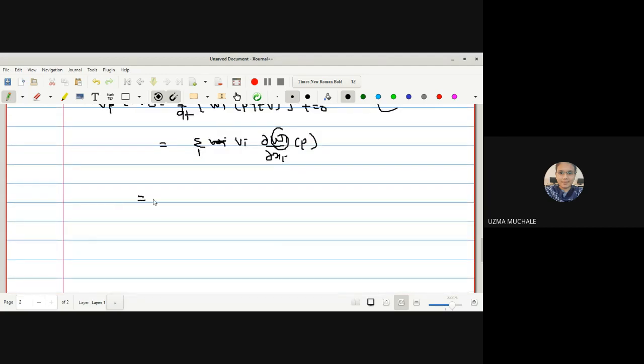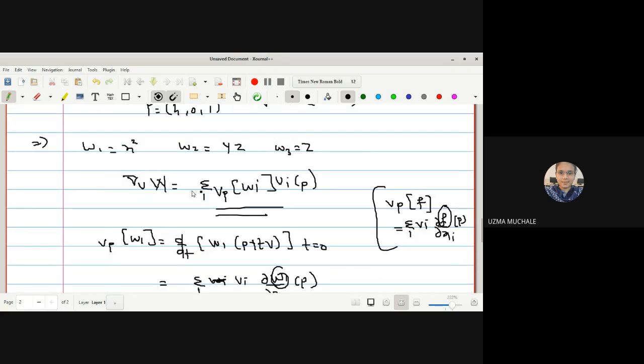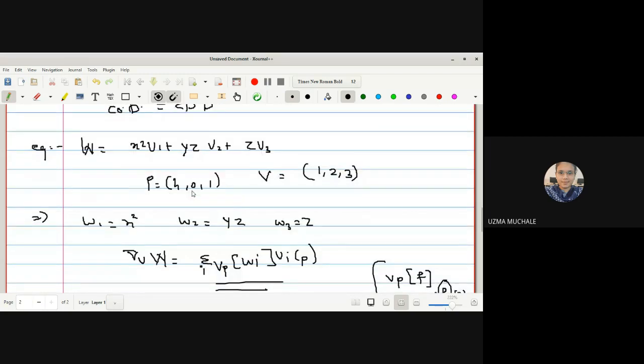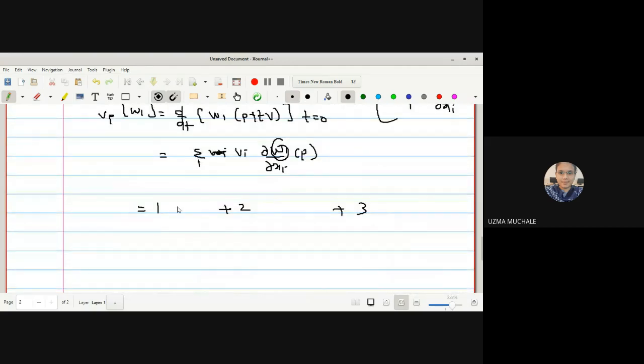Okay, now let us solve this. What is v_i? We know v_i is 1, plus 2, plus 3. Now w1 with respect to x. What is your w1 first? It is x square. Derivative with respect to x is 2x. And then again, there is no term of y here, so the derivative will be 0.